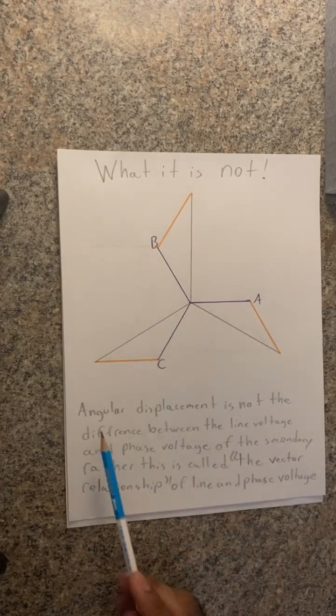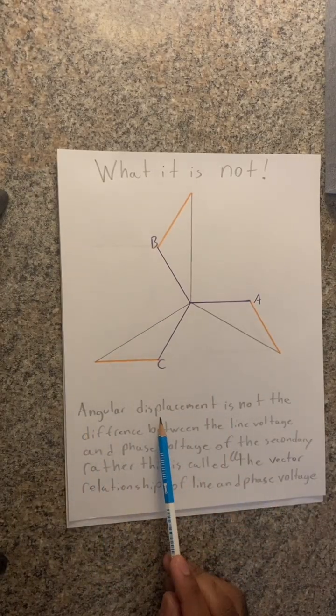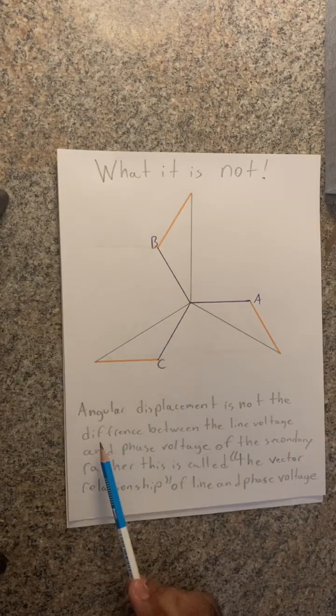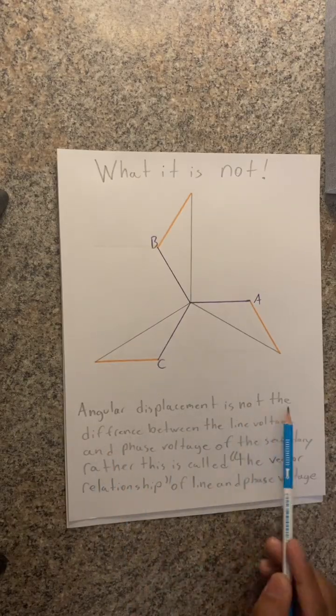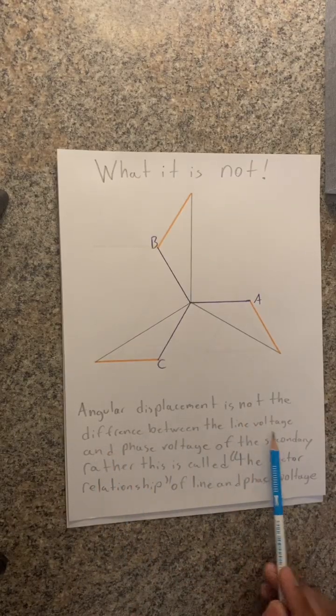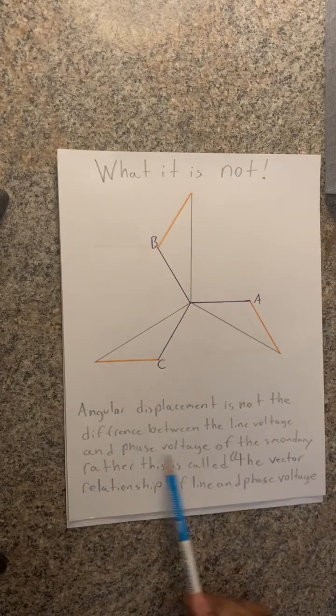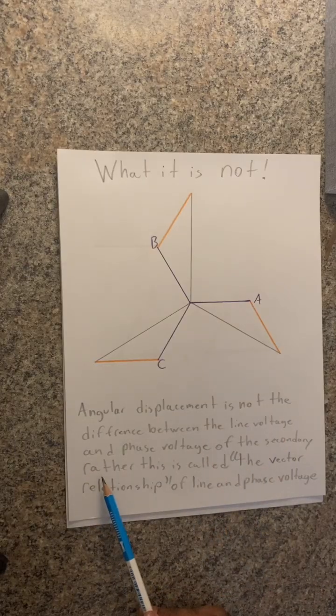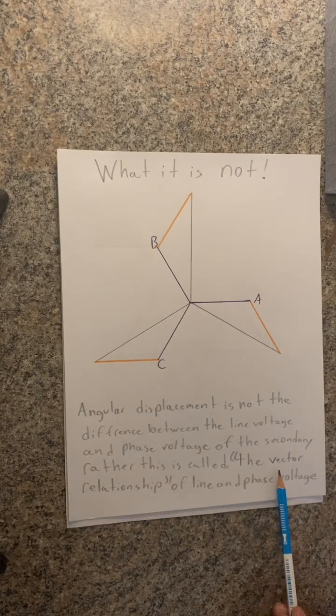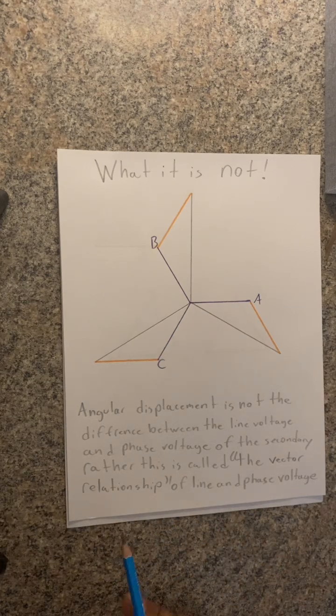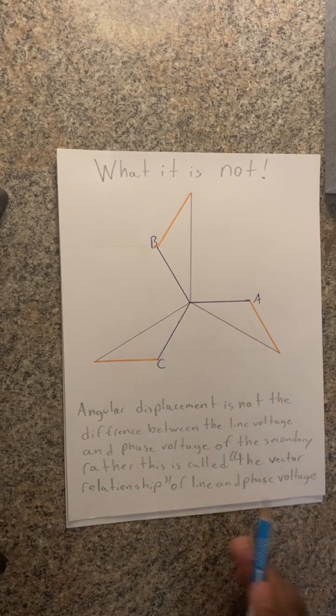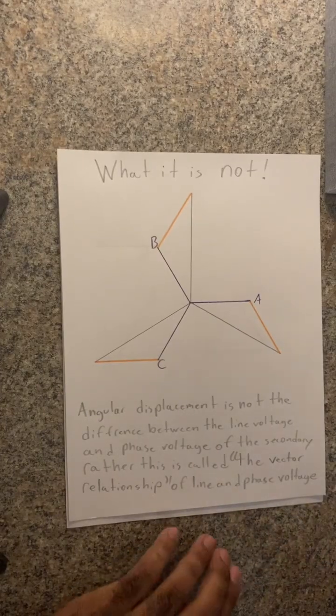As it states here, angular displacement is not the voltage difference. It is not the difference between the line voltage and phase voltage of the secondary. Rather, this is called the vector relationship of the line and phase voltage. I will explain what that means.